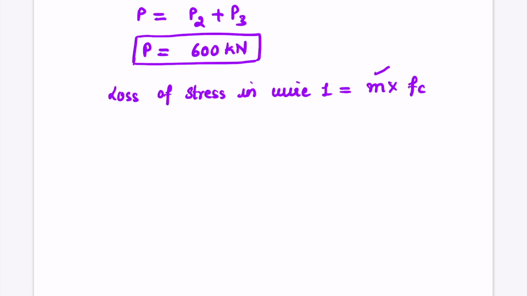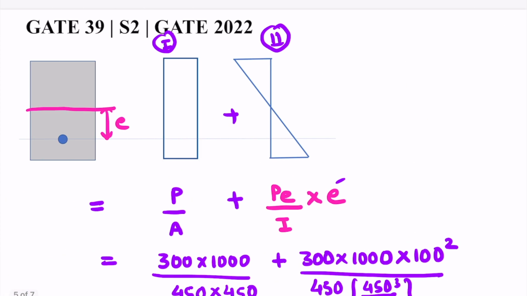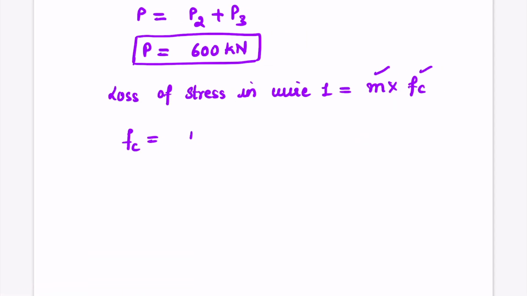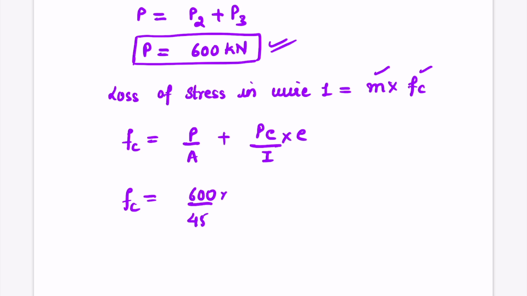So m we already know it's 6, and Fc we need to calculate. You will use the same formula as here. So Fc will be equal to P by A plus Pe by I into E. Here P will be 600 kilonewton now. So Fc is 600 divided by the area is 450. So I'll convert it into Newton also.